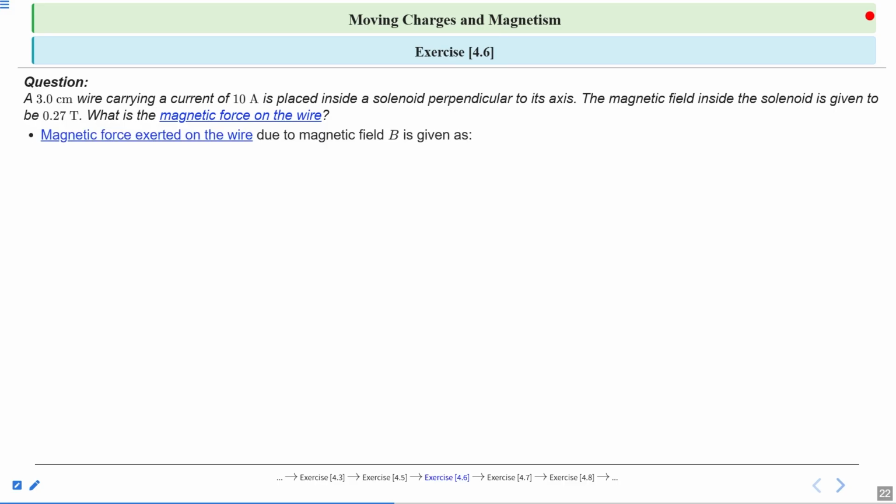Magnetic force exerted on the wire due to magnetic field B is given as F equal to BIL sin theta. This is the magnitude of force. So put the values. B is 0.27 Tesla, current I is 10 ampere, length is 0.03 meter into sine 90 degree. So F is equal to 0.27 into 10 into 0.03 into sine 90 degree, which is 1.